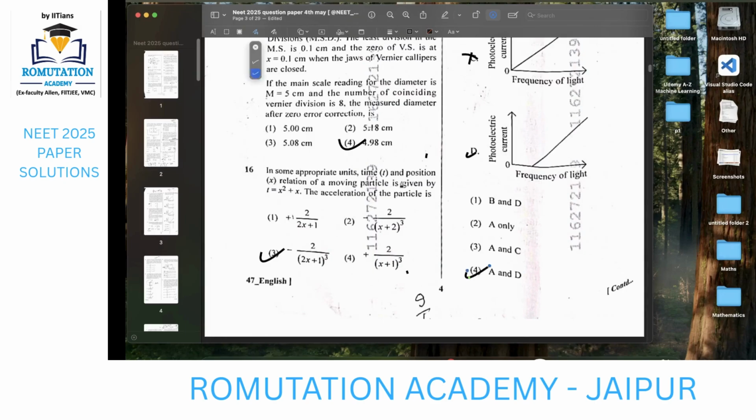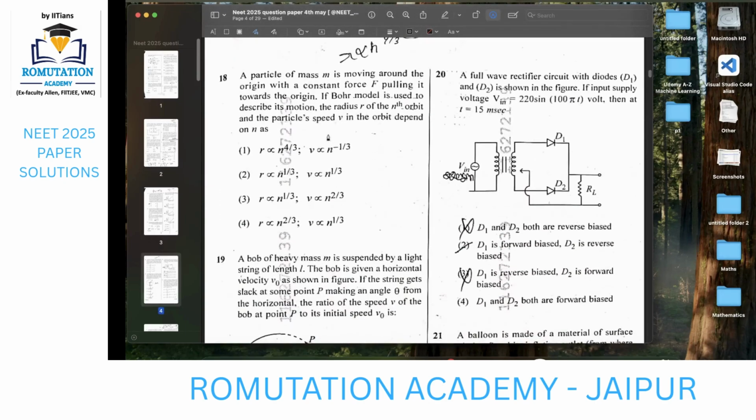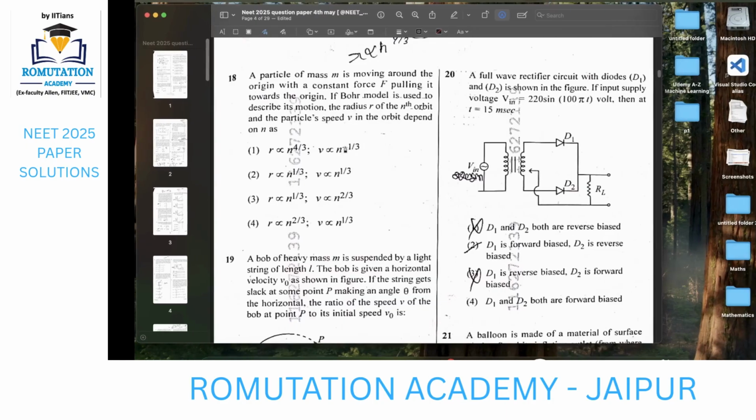So fourth one, right? Okay, so 18th is asking you: a particle of mass m is moving around the origin with a constant force pulling it towards the origin. If Bohr model is used to describe its motion, then the radius of the nth orbit and the particle speed depends on, as, okay, the radius relation and velocity relations you have to clearly tell.